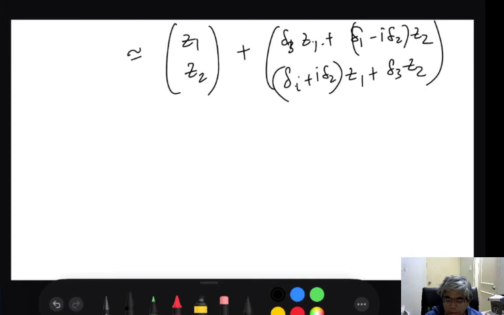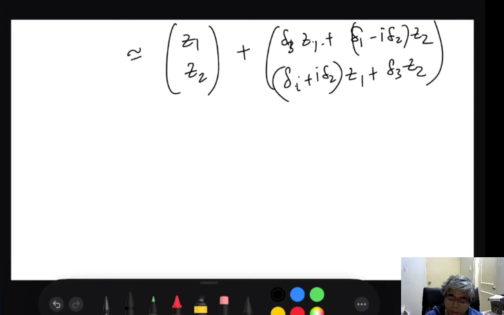In particular, if delta 3 is equal to 0, what do delta 1 and delta 2 do? They interchange Z1 and Z2: wherever there is a Z2, they bring in Z1, and wherever there is a Z1, they bring in Z2. That's the transformation under which these act.